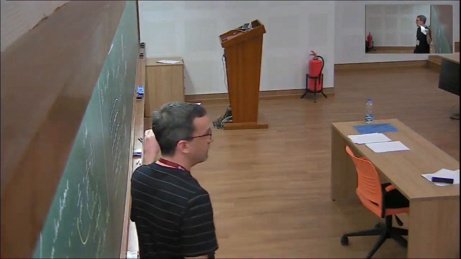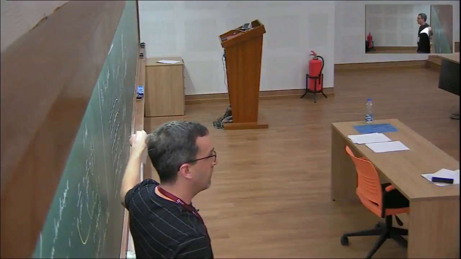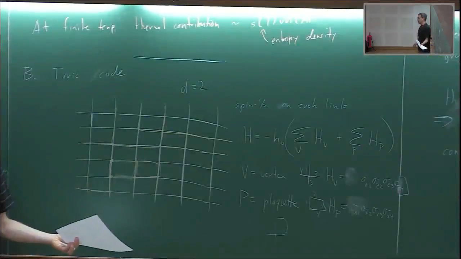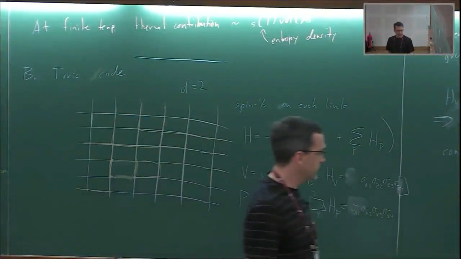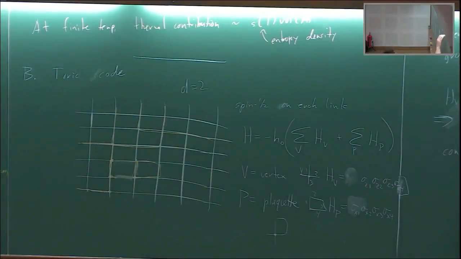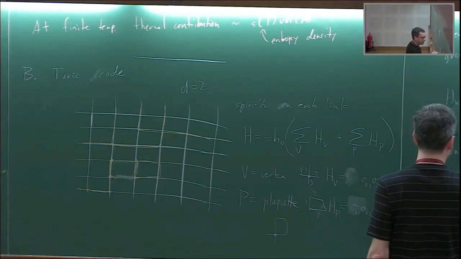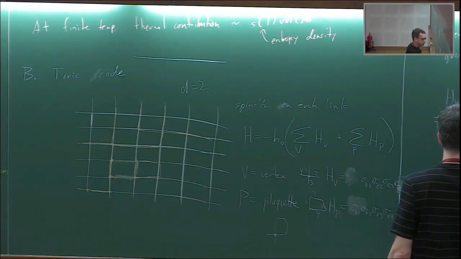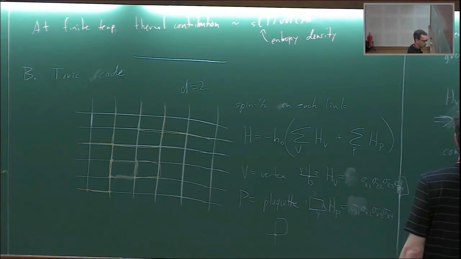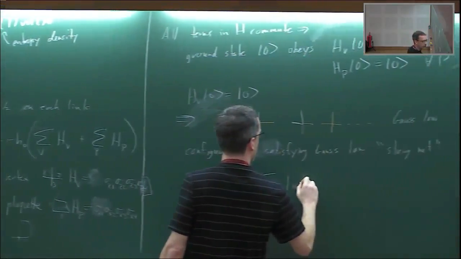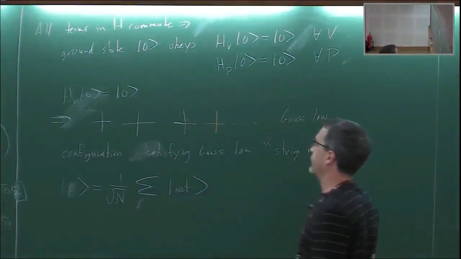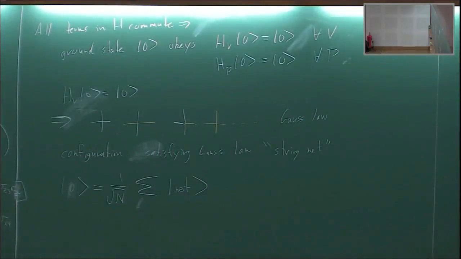So it just moves the string net around to give you a different string net with coefficient 1. So I think it's pretty clear, I'm not going to try to argue this rigorously, that this constraint basically means you better have a linear superposition of all string net configurations with equal weight. Okay? And with no phases. That's our ground state. Okay?